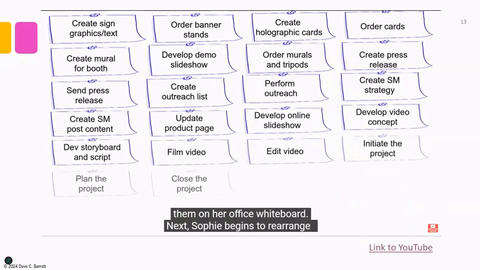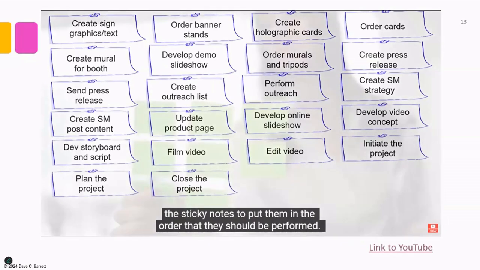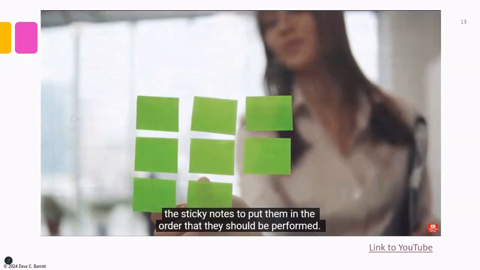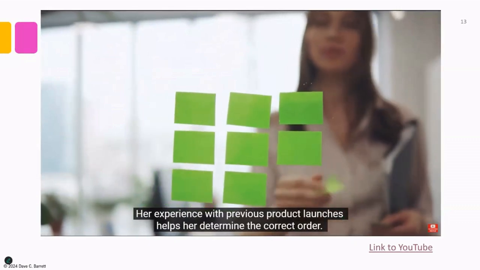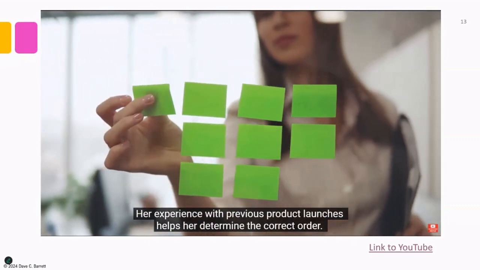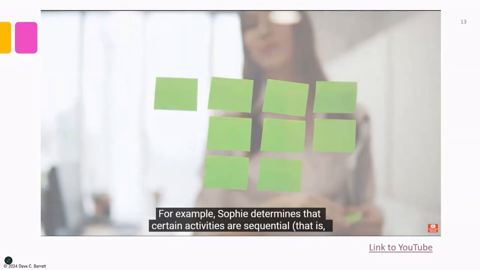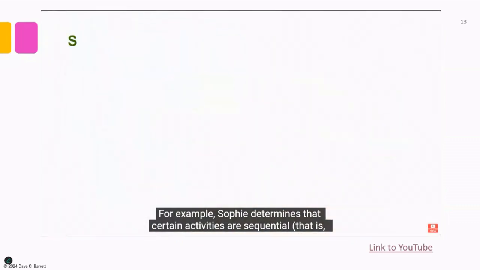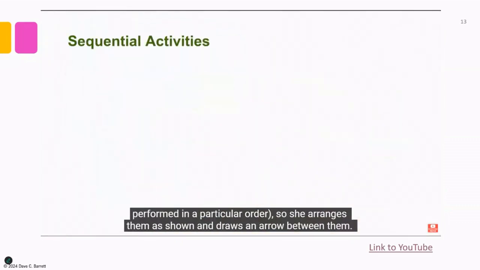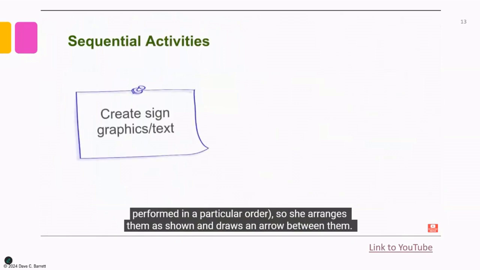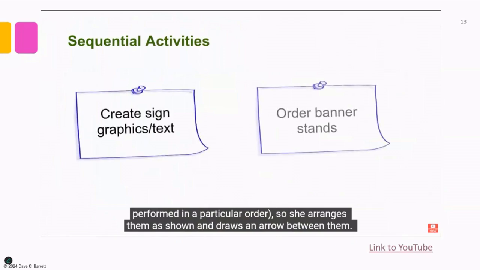Next, Sophie begins to rearrange the sticky notes to put them in the order that they should be performed. Her experience with previous product launches helps her determine the correct order. For example, Sophie determines that certain activities are sequential, that is, performed in a particular order, so she arranges them as follows and draws an arrow between them.